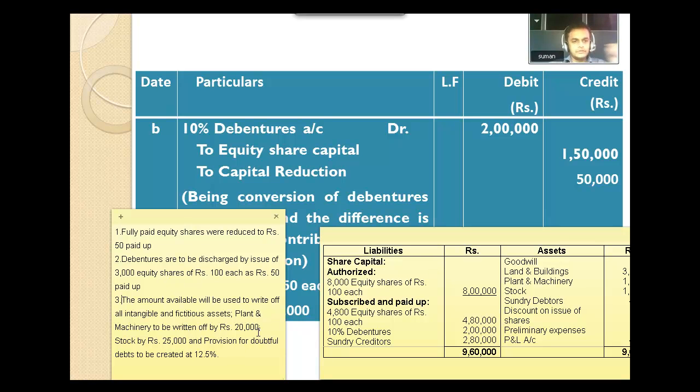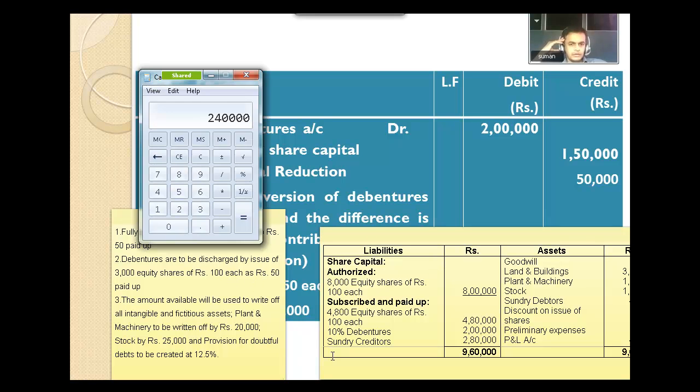This is not clear. Will you just repeat this again? So the adjustment is: debentures are to be discharged. Discharge means debentures are to be paid off. We have to pay debentures by issue of 3,000 equity shares of 100 each as rupees 50 paid up.